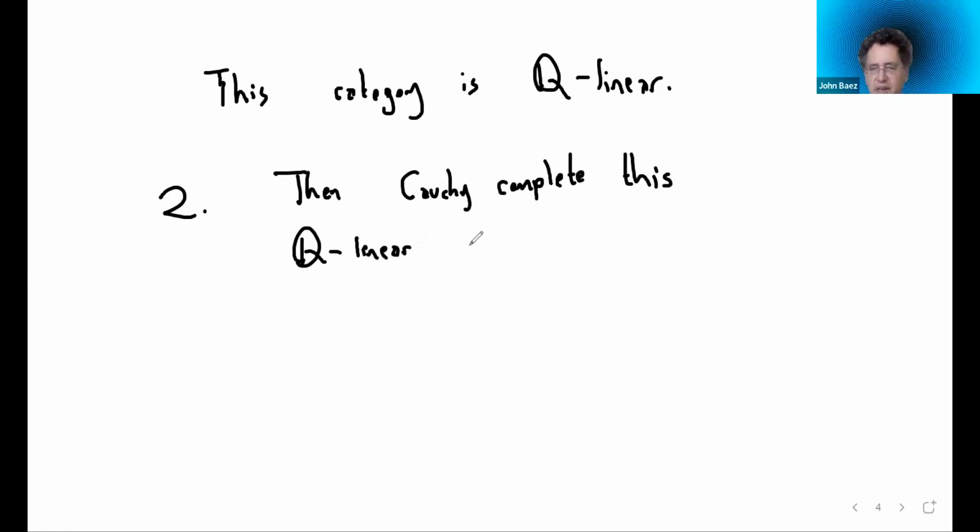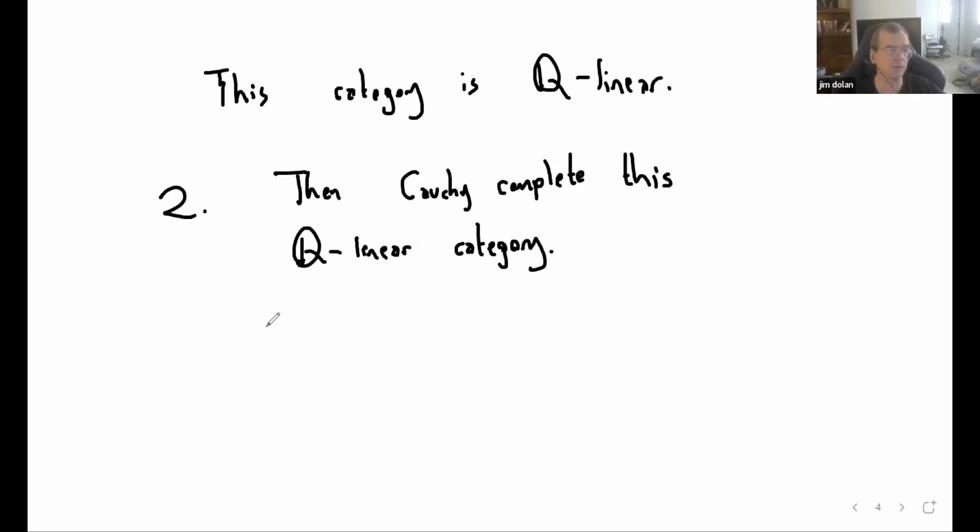Because they give a concrete description of the Cauchy completion. Oh, sure. It's actually fun to give very concrete descriptions. It's probably good to do in order to work with it as well as fun. But okay, that's step 2.